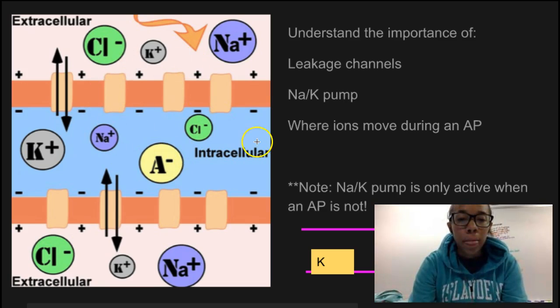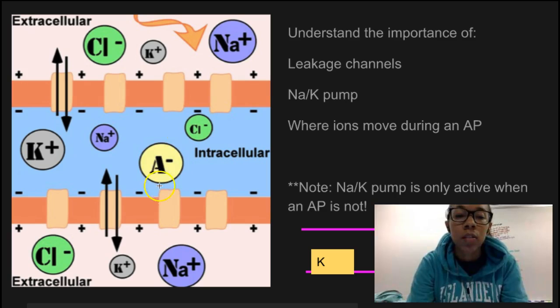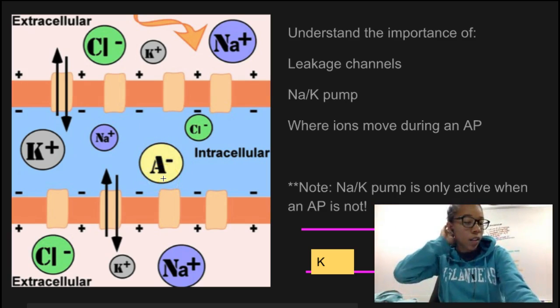On the inside of your cell, the bigger letters are what's primarily located where. Potassium is primarily located on the inside of the cell, hence why it's bigger. And a negative anion can never leave the inside of the cell, so it's always on the inside.